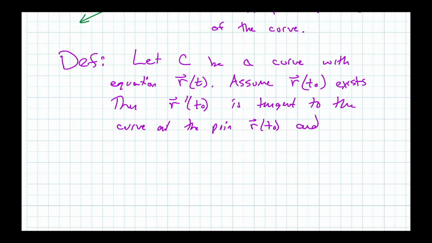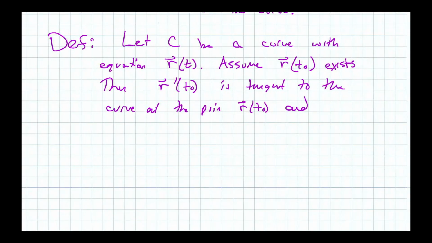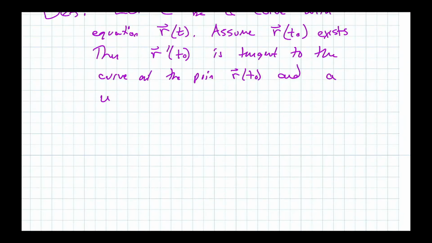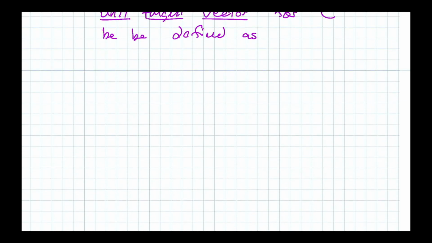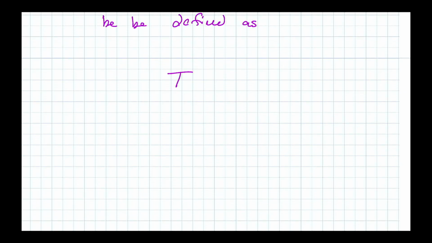And a unit tangent vector for C can be defined as, they use uppercase T here, r prime divided by the magnitude of r prime.